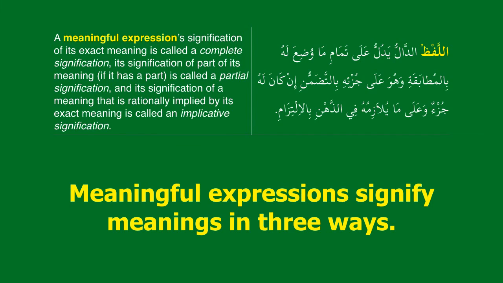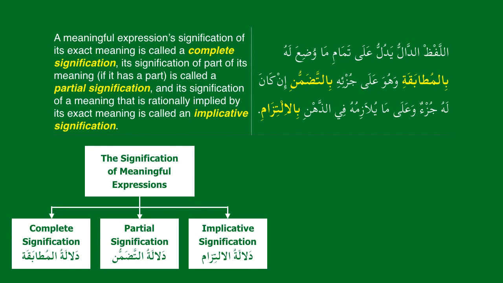And that method of signification is not language specific and is not based on linguistic conventions. Athiruddin al-Abhari explains these language independent ways in which expressions signify mental concepts by dividing the signification of meaningful expressions into three kinds.